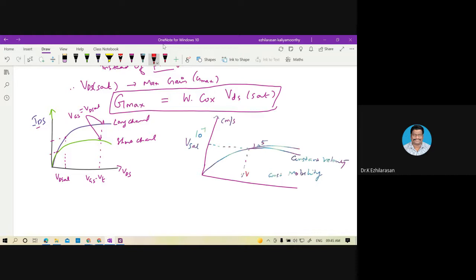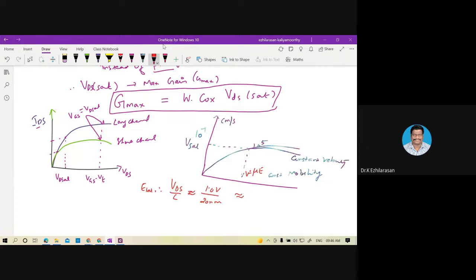V is equal to mu E. Very simply, we can put a condition like VDS by L. If the VDS is 1 volt and L is, for example, 20 nanometer, then this is E lateral, correct?